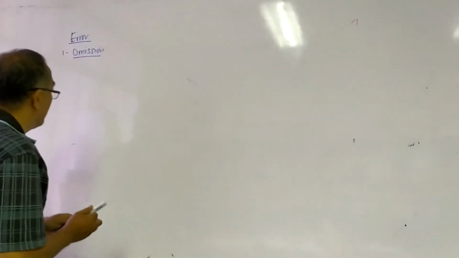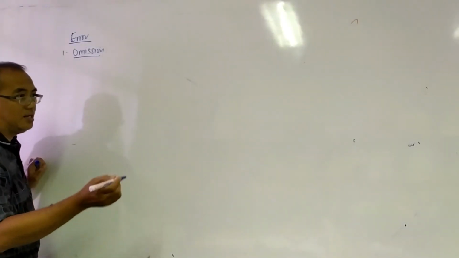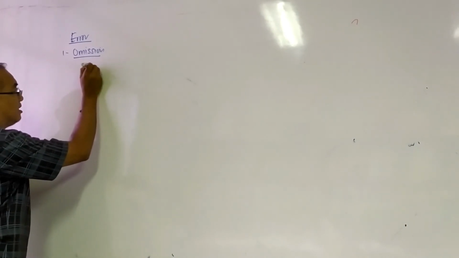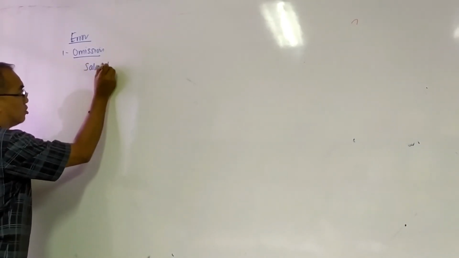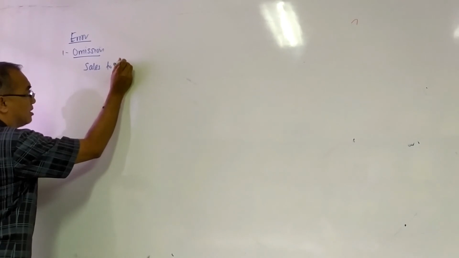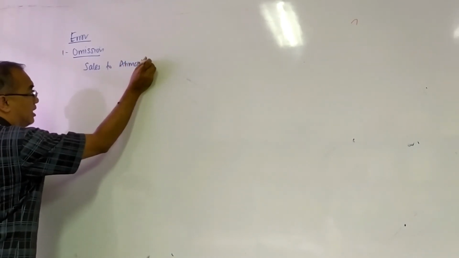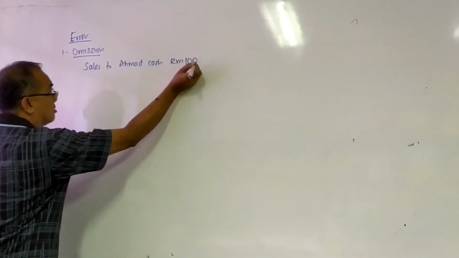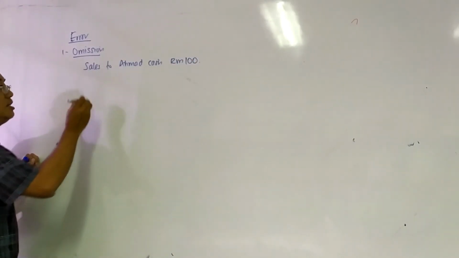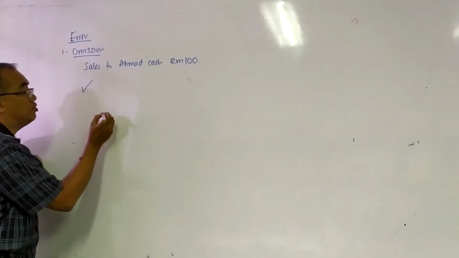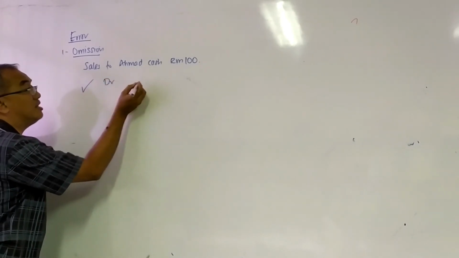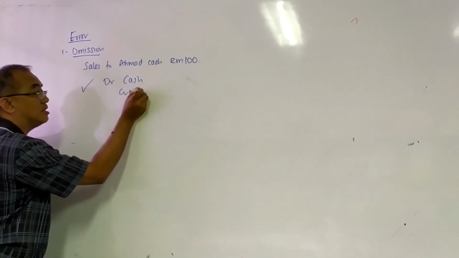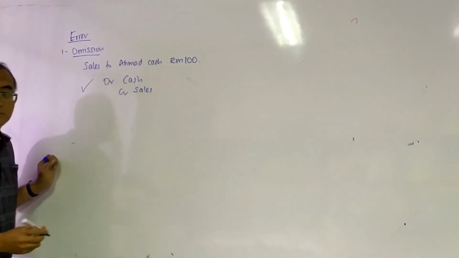Let's say you make a cash sale to Ahmad for 100. By right, what you should do is debit cash, credit sales.